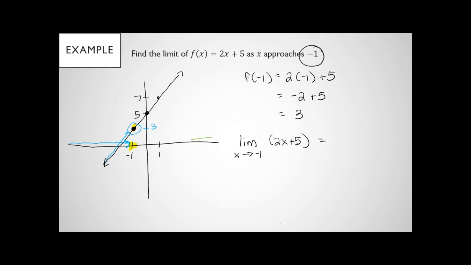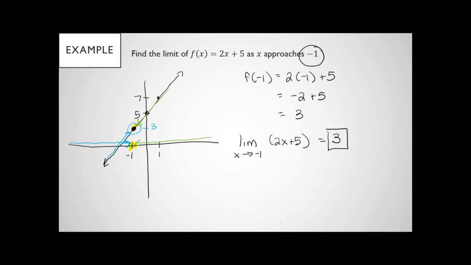If I'm going from right to left, as my x gets closer to -1, my graph is heading towards this value. On both sides, the y value is getting closer to 3, and in fact, it is exactly 3. So we would say the limit is equal to 3.